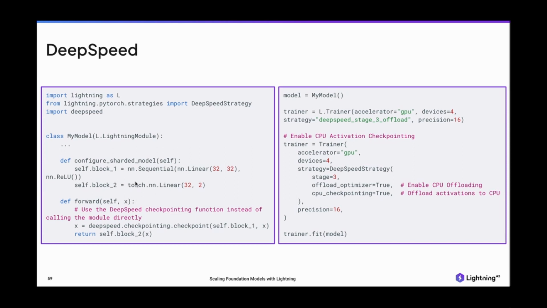If you do it in init, it will try to load the whole model when you instantiate the module, and this will make your device go out of memory. While if you do it in configure sharded model, then Lightning will know that it doesn't have to create your whole model in memory, but it will wait until the processes are up and the sharding strategy has been decided, so it can allocate just the part that pertains to each shard.